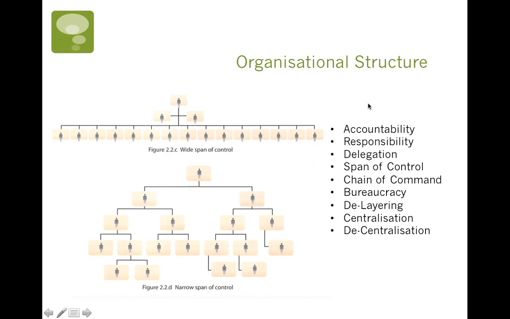So these are organisational structures, and obviously you'll have very different varieties of these depending upon which business you're looking at. It's not to say that one is good and one is bad. They provide different benefits and drawbacks to different types of organisations.